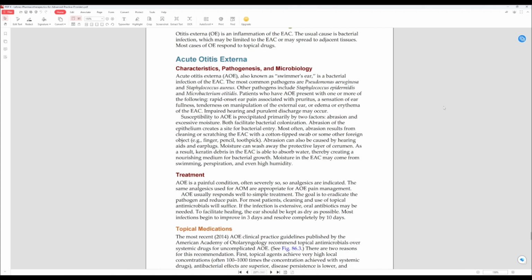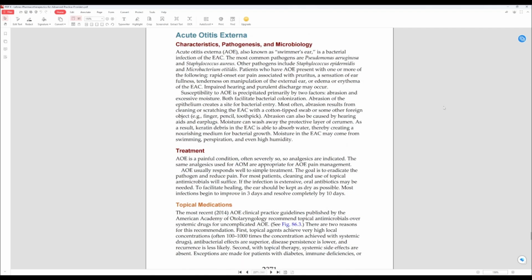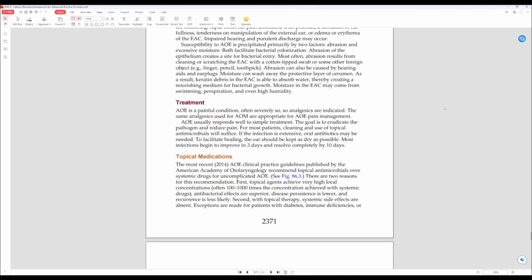Abrasion can also be caused by hearing aids and earplugs. Moisture can wash away the protective layer of the cerumen. As a result, keratin debris in the EAC is able to absorb water, thereby creating a nourishing medium for bacterial growth. Moisture in the EAC may come from swimming, perspiration, and even high humidity.